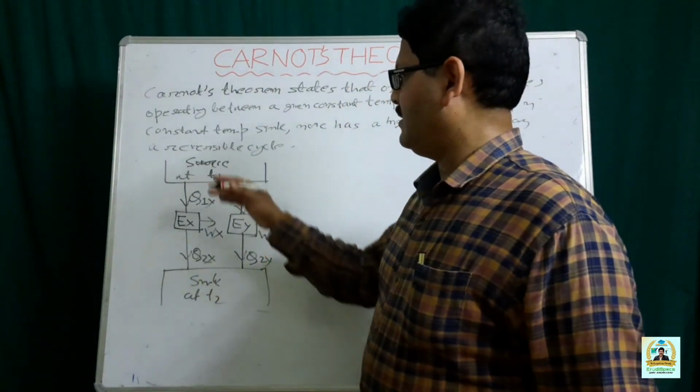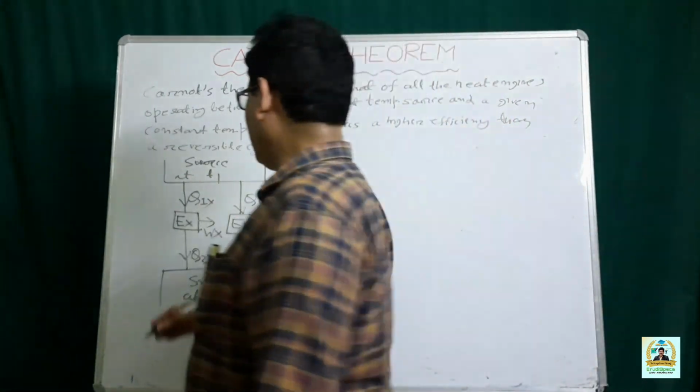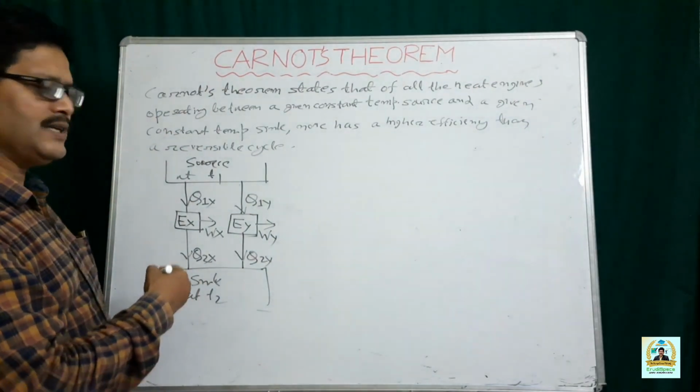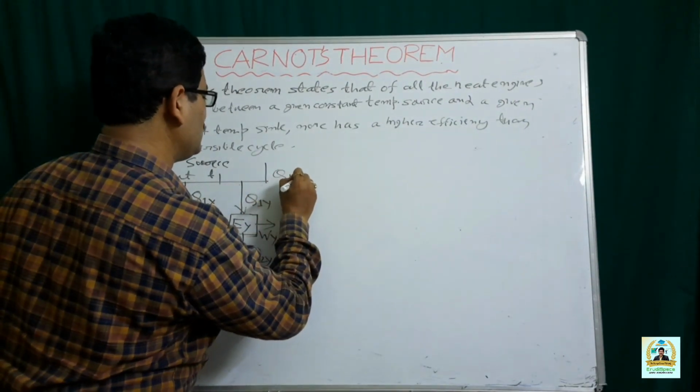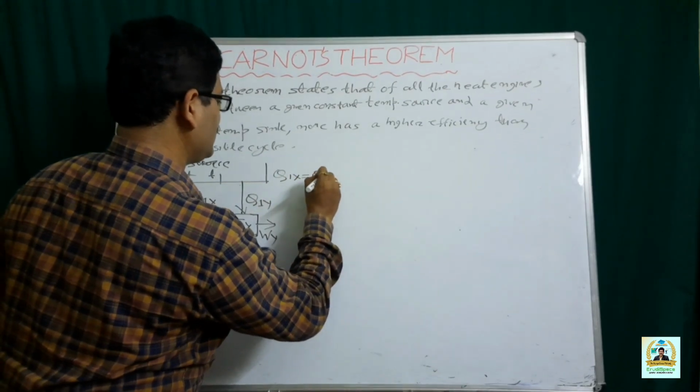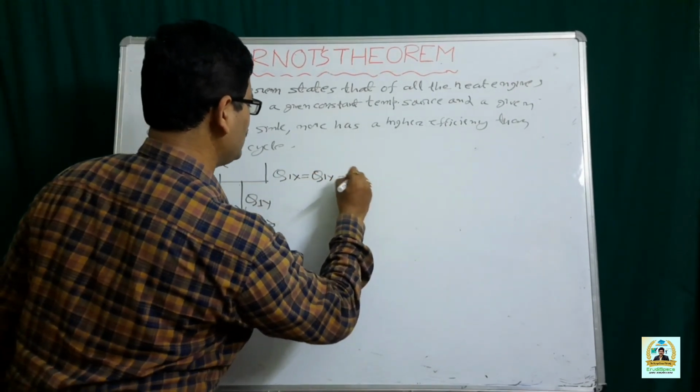And it is so arranged that the amount of heat extracted from the source is the same in both cases. You can say that Q1x is equal to Q1y is equal to Q1.